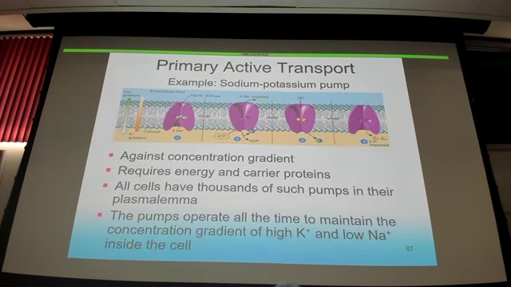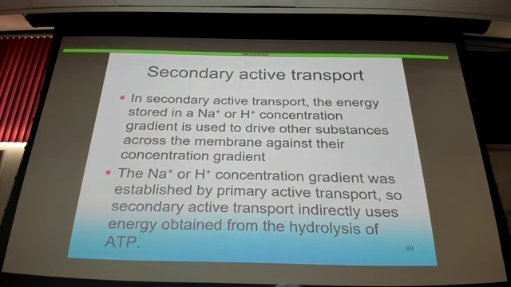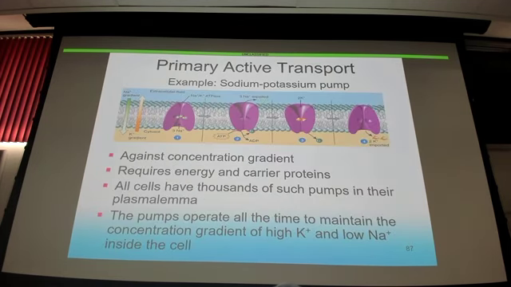So that's primary active transport. Bring sodium in, put potassium out. We can send them both ways. This requires the use of ATP, the body's energy. You must expend energy to do that. If you have no ATP present, it wouldn't happen.